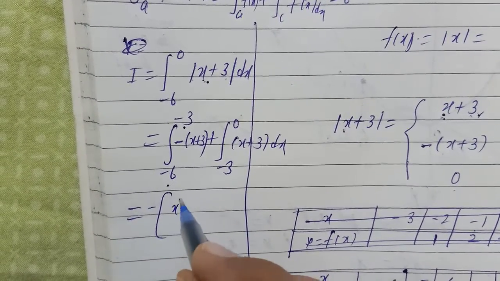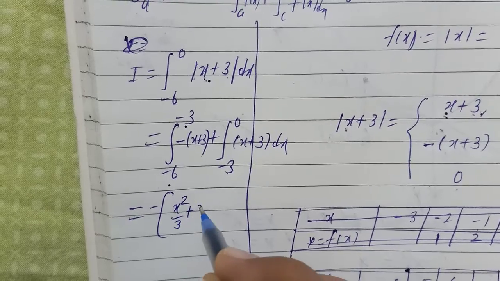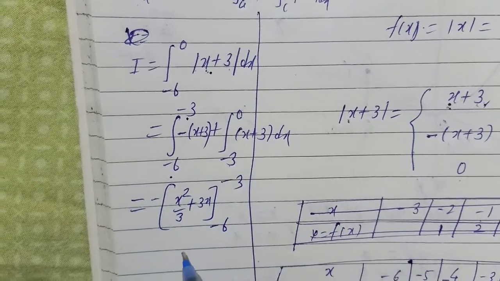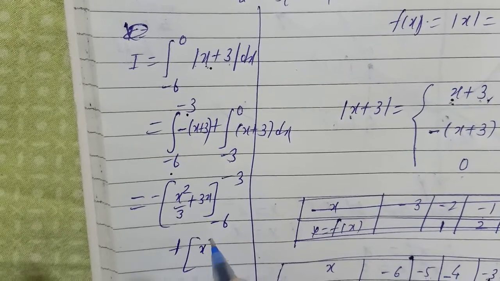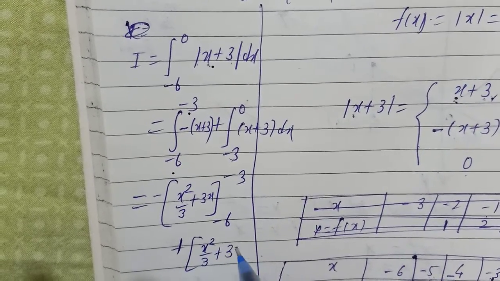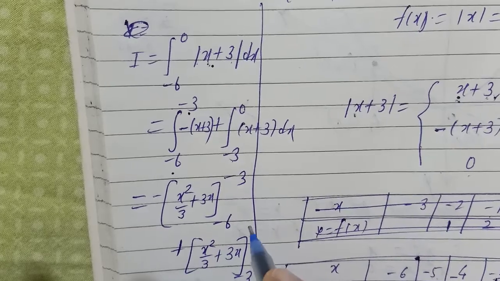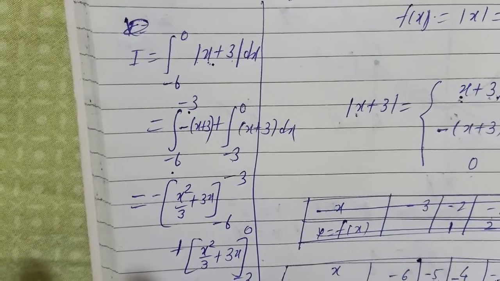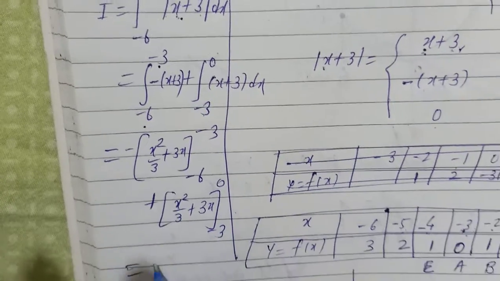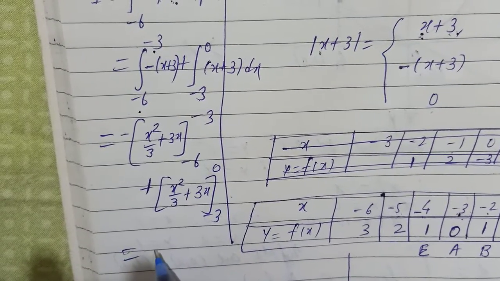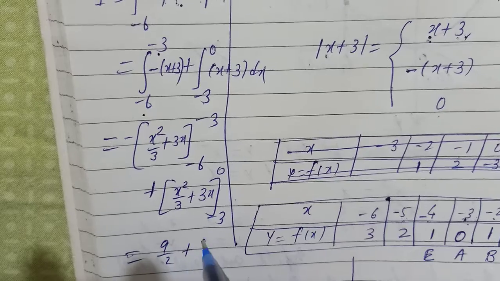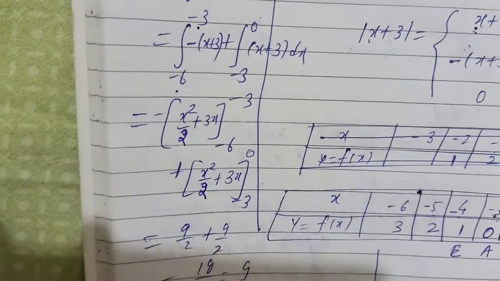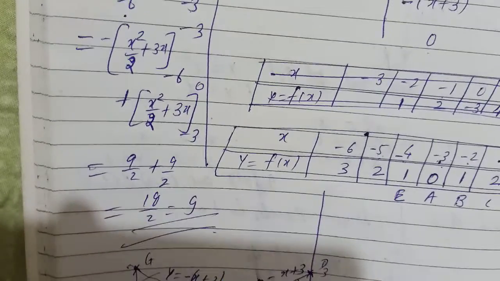Minus x square by 2 plus 3x, limits are minus 6 to minus 3, and x square by 2 plus 3x, limits are minus 3 to 0. When you solve this, this is 9 by 2. First part will be 9 by 2. Our final answer will be 9 by 2 plus 9 by 2, that is 18 upon 2, 9 square units. So this is the answer.